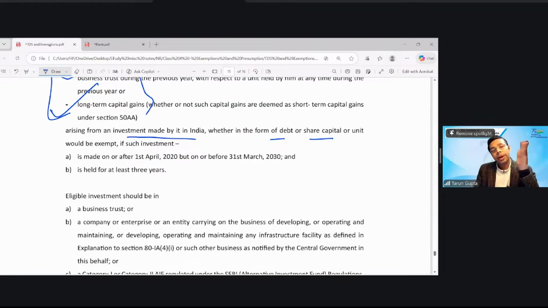Whether they invest in debentures or loans, give money into the share market, or invest in mutual funds, whatever income they derive, whether capital gain, interest or dividends, if the investment is made after 1st April 2020 but before 2030 and is held for at least 3 years, then all such income shall be exempt in the hands of the Abu Dhabi Investment Authority.